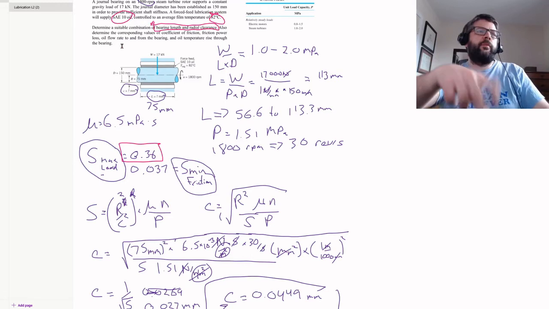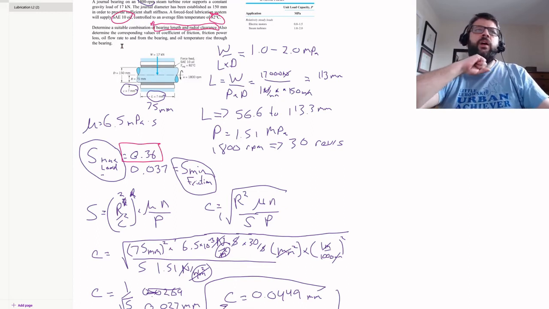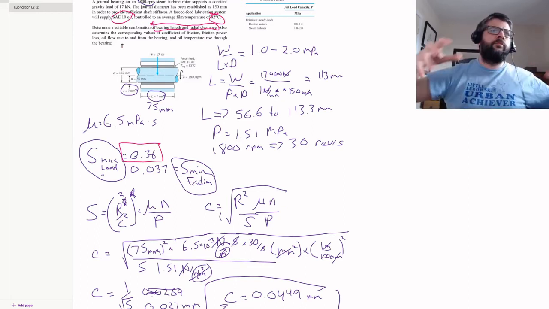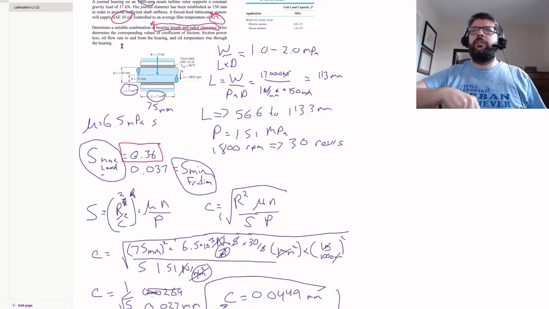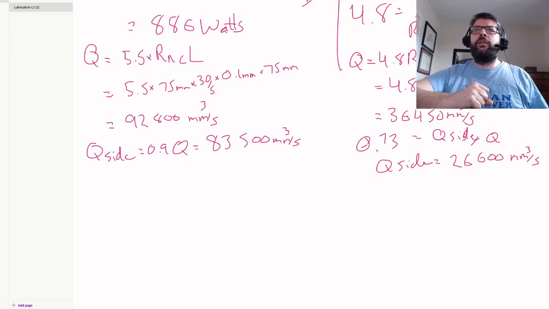Any of the stuff that gets recirculated stays in there, and any of the stuff that comes out needs to get recirculated back in. So the flow rate to and from the bearing is those side flows. The oil temperature rise through the bearing is basically based upon the side flow.